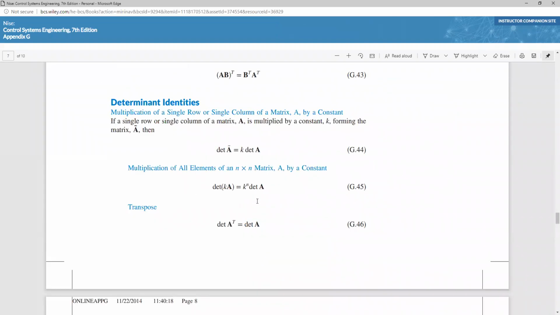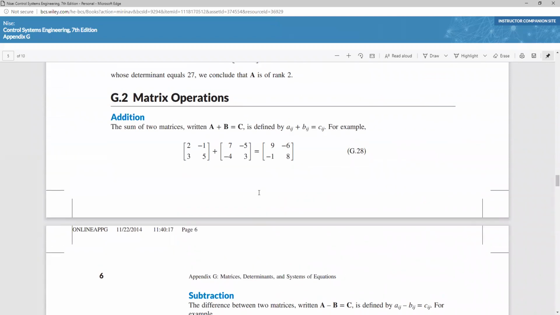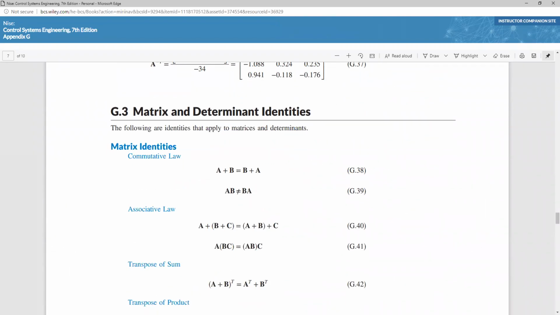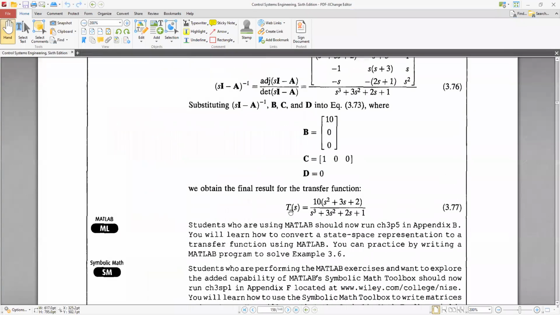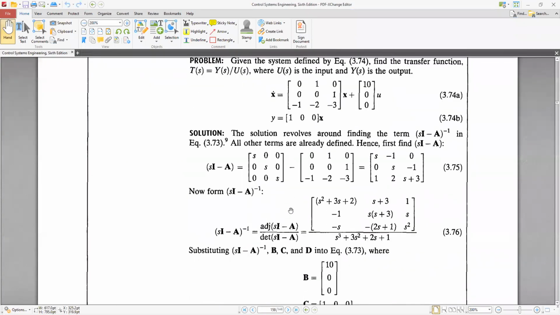So just guys, look at this matrix, then check this example. At first see this one, adjoint of this one. So we have to find out the adjoint of this one, then determinant of this one.